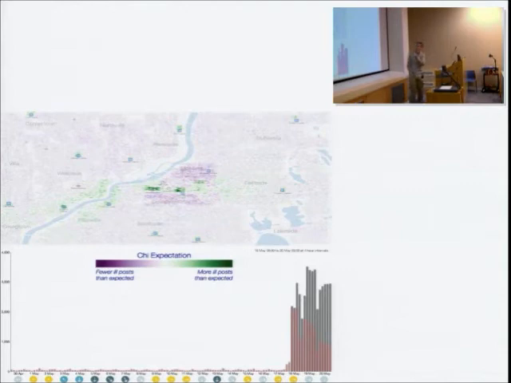Therefore, ones that are green are greater than expected, and ones that are purple are less than expected. I don't know how clear it is from where you're sitting, but these big purple patches, for example, are areas of high density of twittering going on, but not much of it about this particular illness.